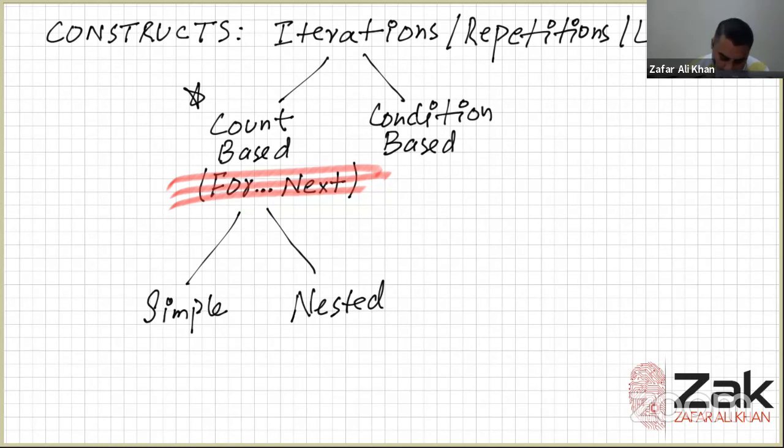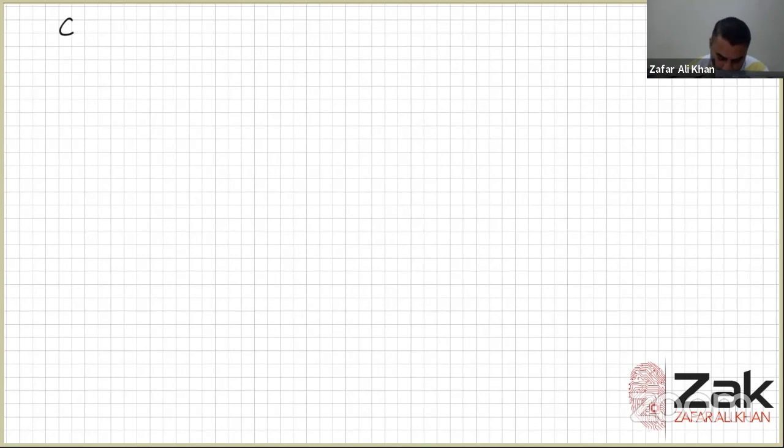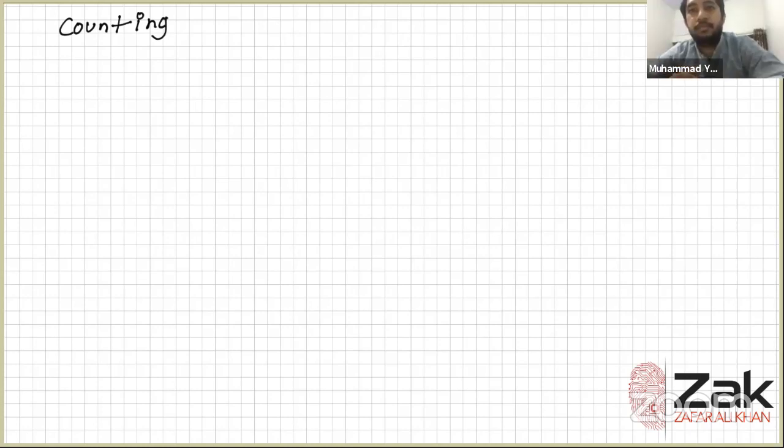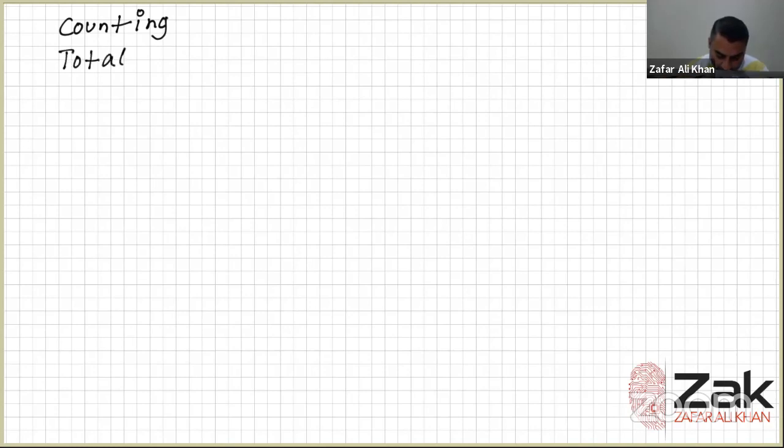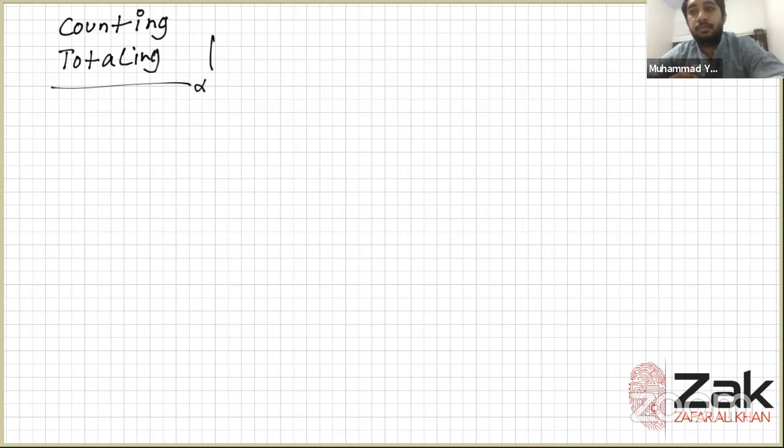Number one is counting. As Sir Yusuf just mentioned the word counting, I thought it's a good idea to discuss what counting is. And then the other word is totaling. I need you to understand that these are two different terms that we need to understand before we go any further.